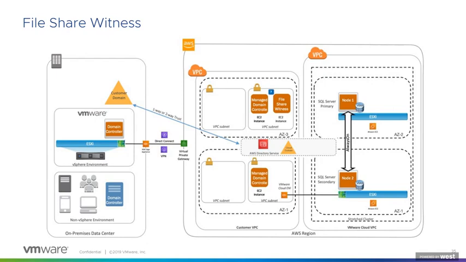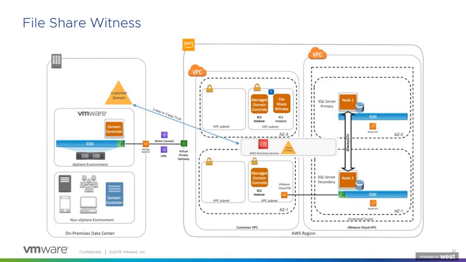That file share witness can be running on just a file server, or you could use the Amazon FSx SMB file server service. FSx for Windows is a highly available file sharing service in which you're setting up SMB shares across availability zones.